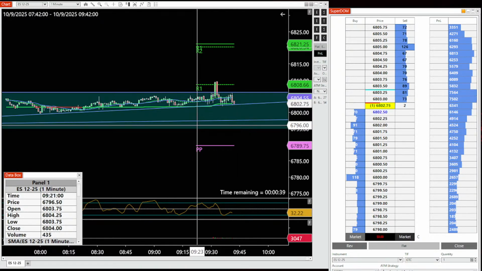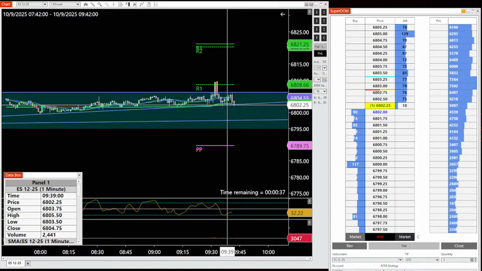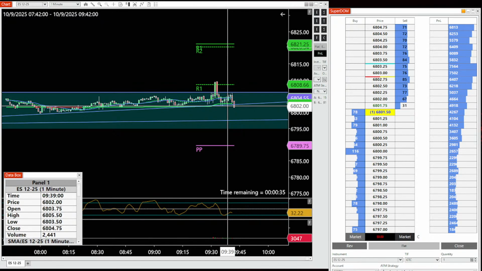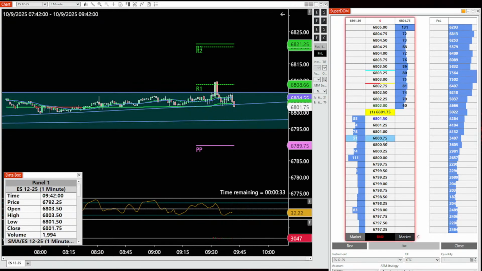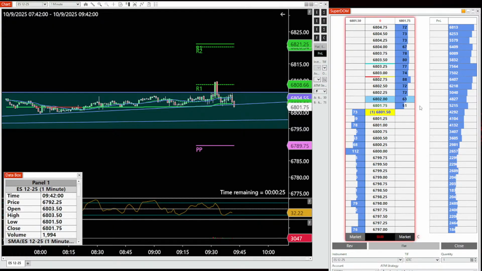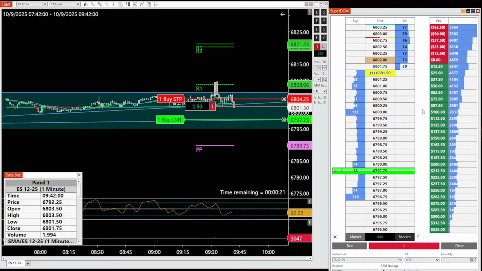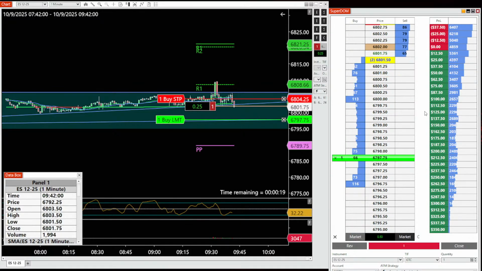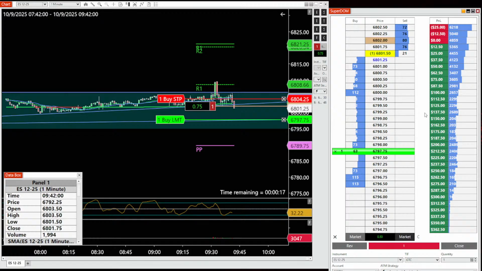That's right here. That's the bottom of this range. Let's see. I'll take it. Let's see. May not get it, may not go.